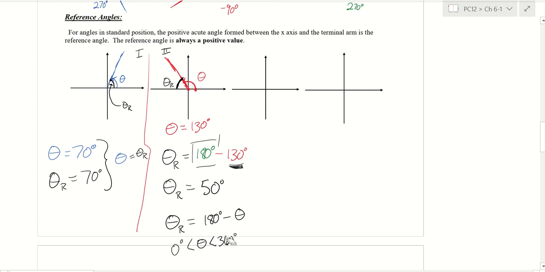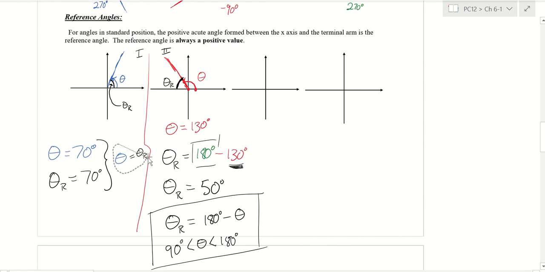You could even say so long as it is less than 180 degrees, and we have this condition that the terminal arm ends in quadrant 2, so then you could even say for angles in between 90 and 180, this rule will be true. What are the conditions for this rule to be true? Well, the terminal arm has to be somewhere in the first quadrant.